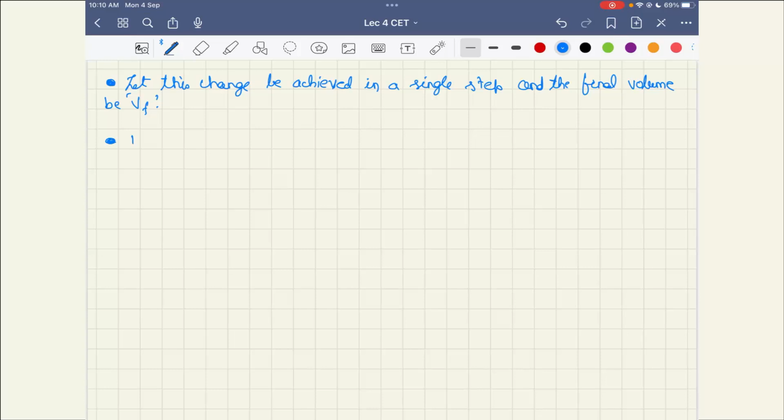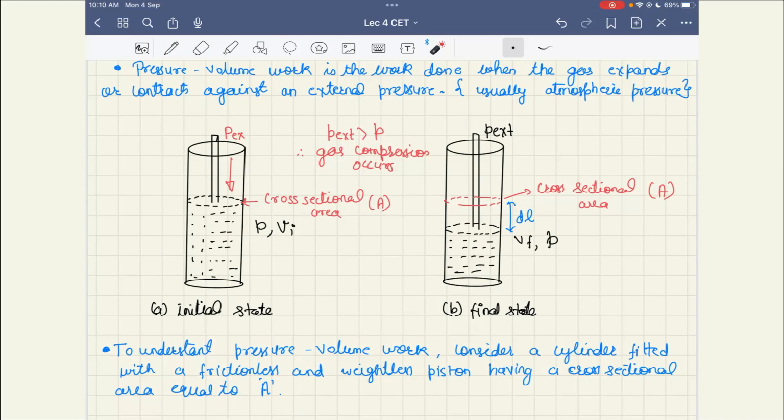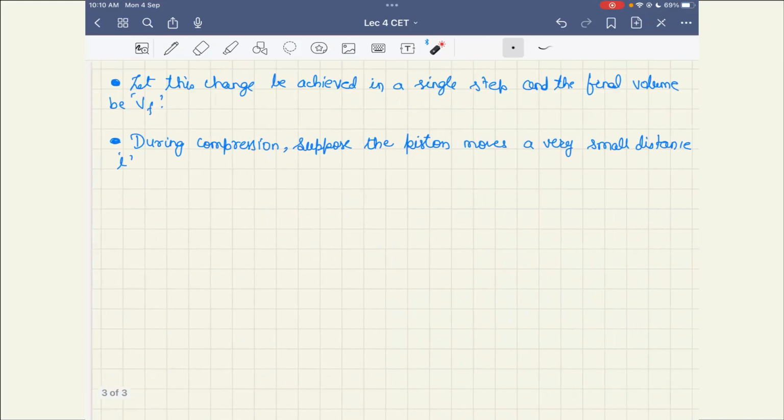During compression, suppose the piston moves a very small distance L, which is shown here. So this is the distance with which it moves.